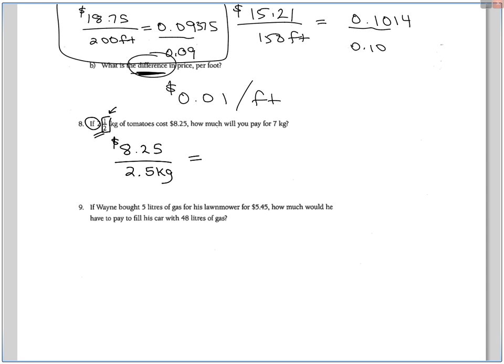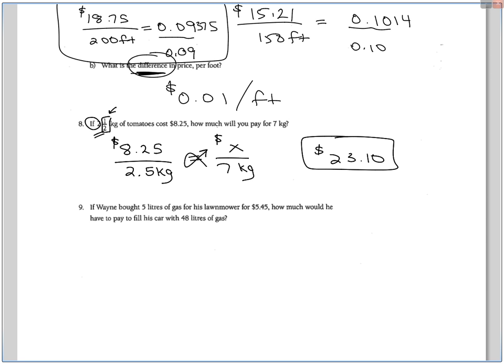Then it says, well, how much will you pay for 7 kilos? So this is cross multiplication. 7 times 8.25 divided by 2.5 looks like $23.10.